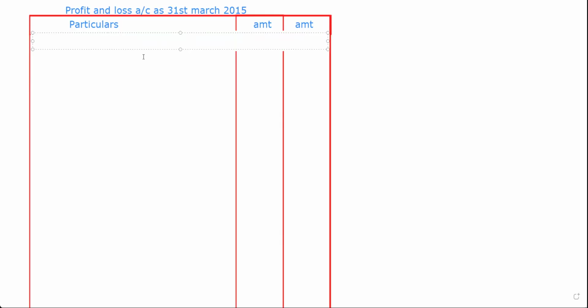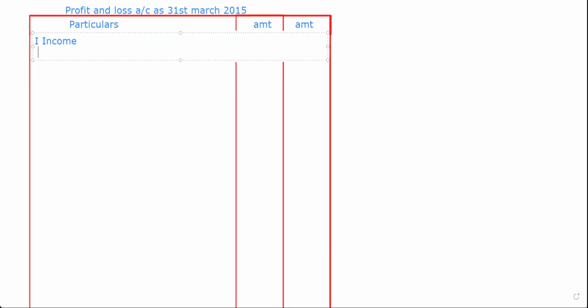Particulars, amount. Now first, always I'm going to have incomes. Income, or we can say revenue. So I'm taking it as an income.